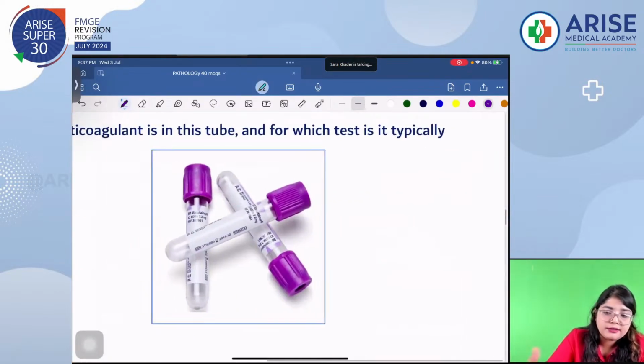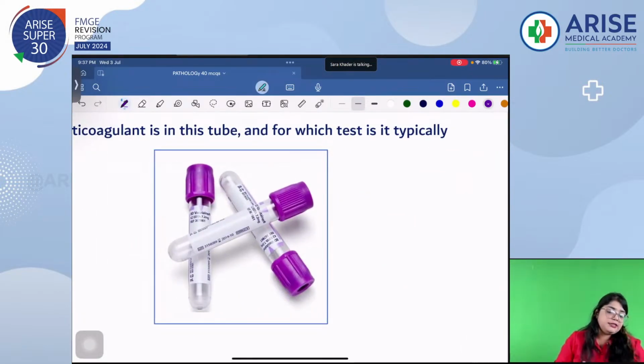So just by looking at this, can you tell me which one is this? This is used, I think all of you have used this. Yes, this is your EDTA.